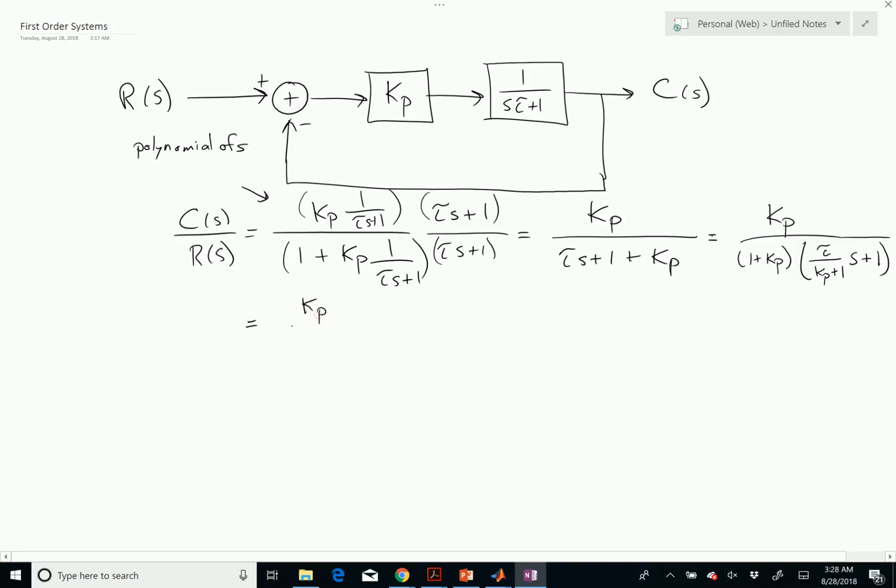So that turns this guy into Kp over Kp plus 1, 1 over tau S plus 1. Okay. All right, why did I go through that?